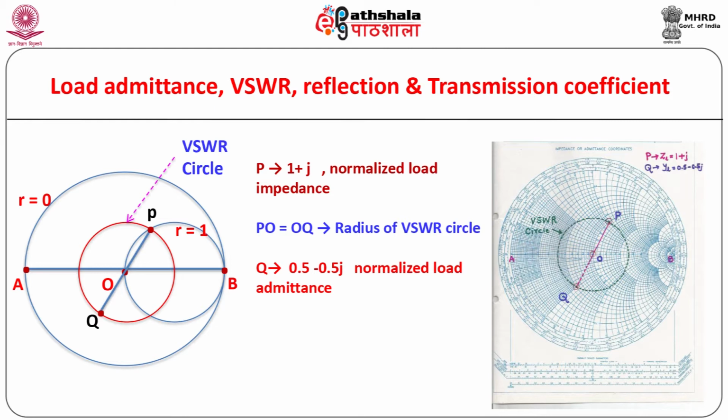Step number 4, join points P and O and extend the line PO to meet the circle at point Q. The point Q represents the normalized load admittance. Note the values of R and X at Q. The geometrical construction and graphical solution of the problem under consideration are as shown.